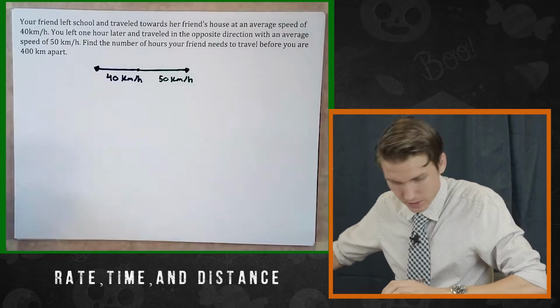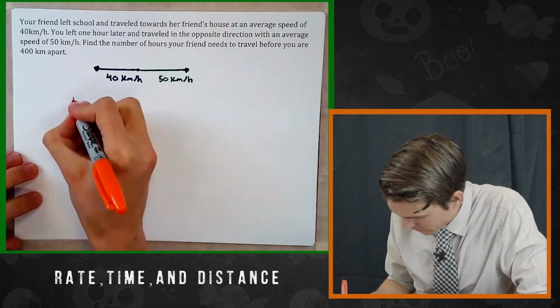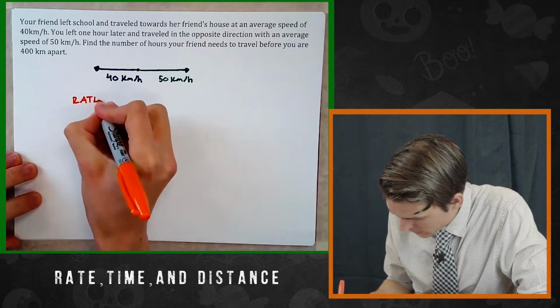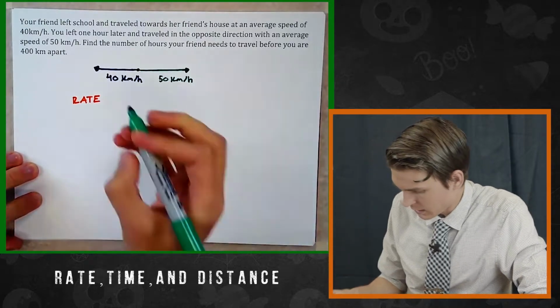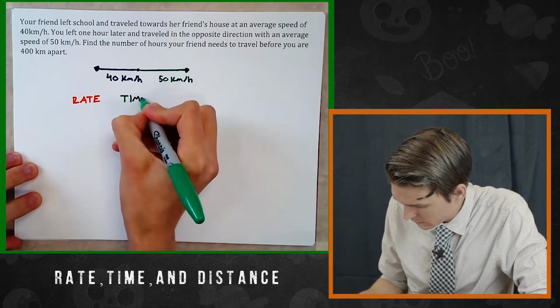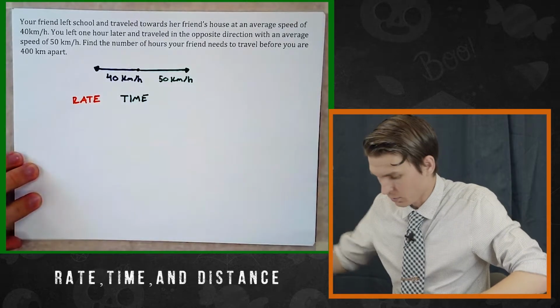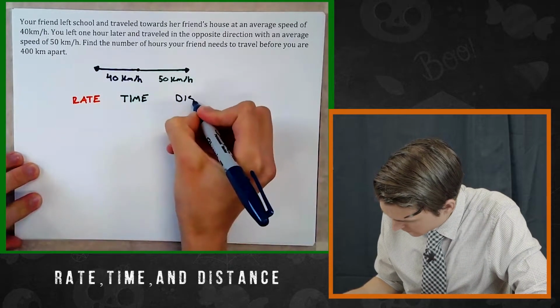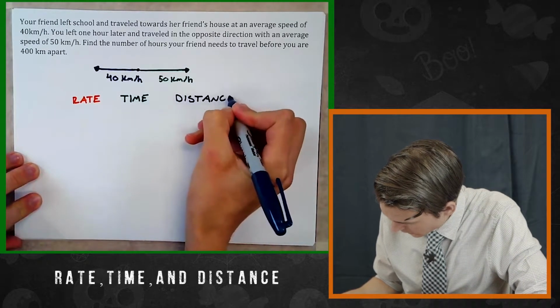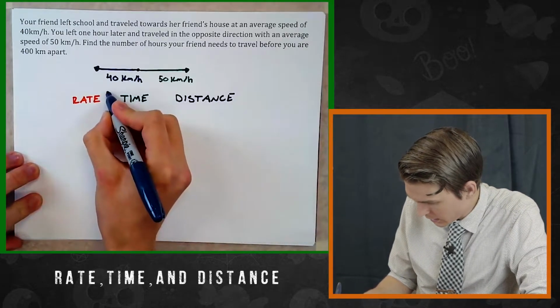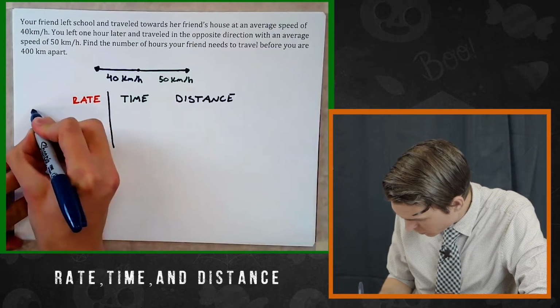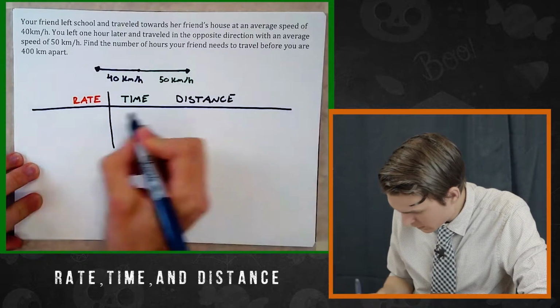So let's get back into our table of rate times time equals distance. And as I said, we generally need at least 2 additional rows.